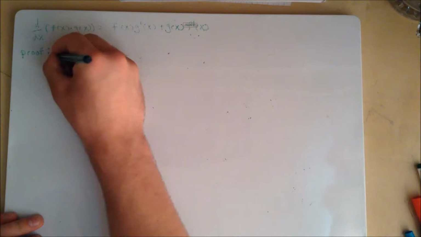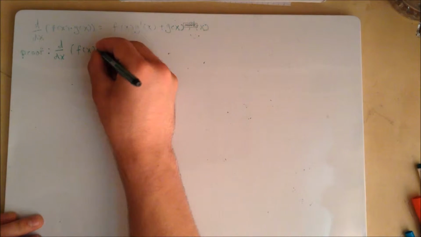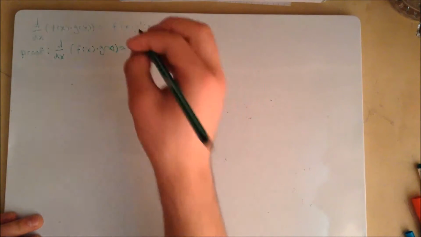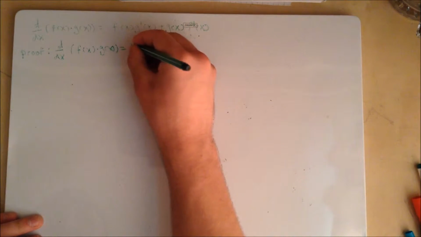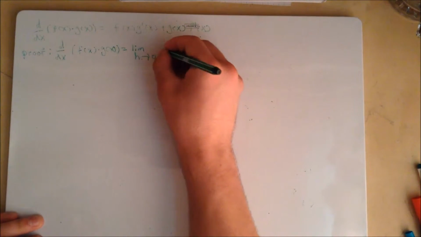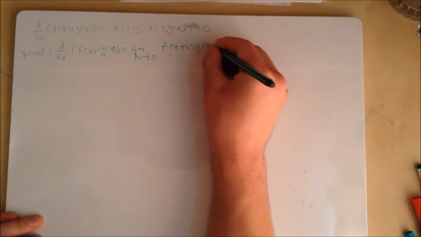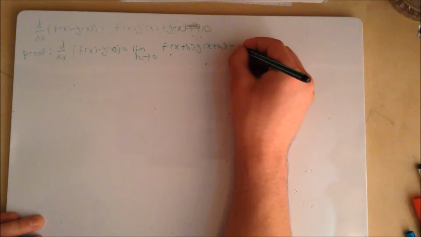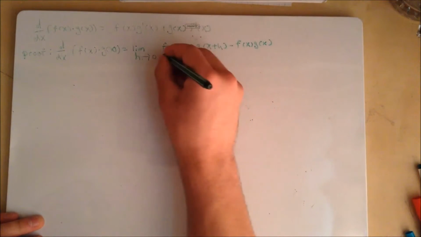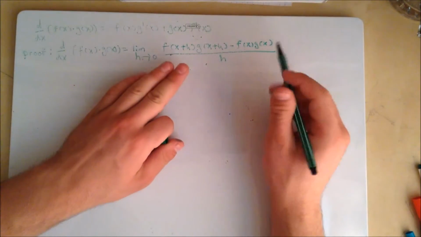The derivative of f of x times g of x is equal to, and by the definition of the derivative, the limit as h approaches 0 of f of x plus h, g of x plus h, minus f of x, g of x, all over h. And this just comes from the definition of the derivative.